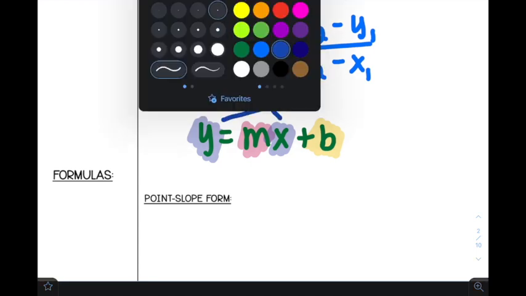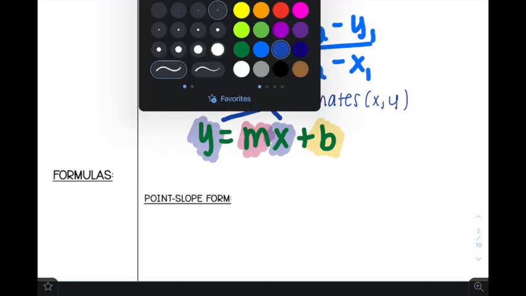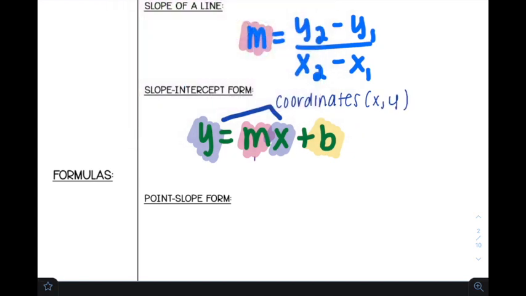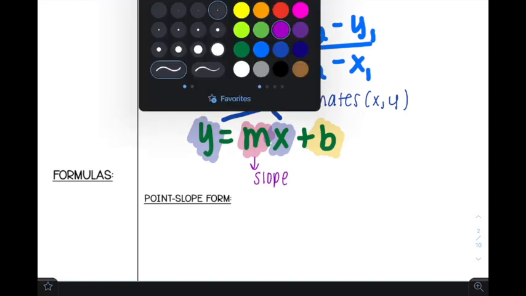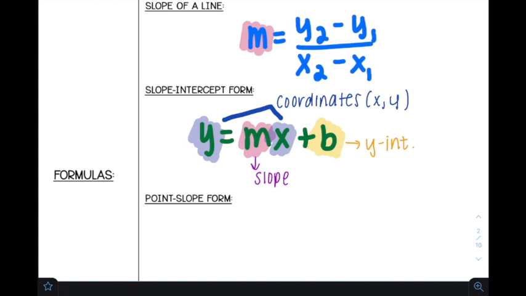So these are your coordinate points. Your slope and your y-intercept.